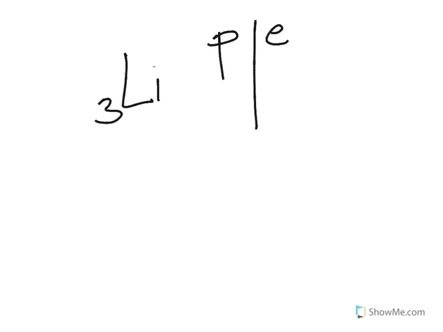Let's take a look at the second row, or the second period of elements in the periodic table, starting with lithium. And you'll note that lithium has an atomic number of 3. So that means it has 3 protons and 3 electrons.